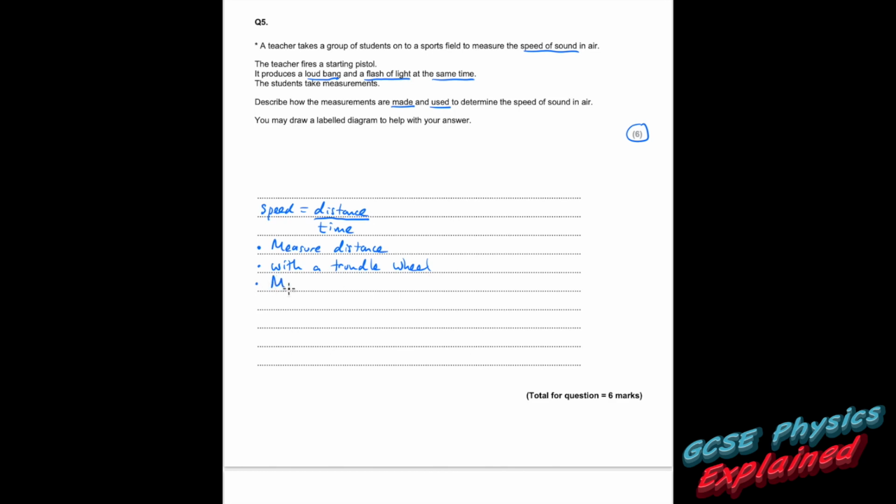Measure time, with a stopwatch. And then calculate speed by doing distance over time. Now that'll get you 5 marks, but it's worth 6. So let's explain a little bit more.